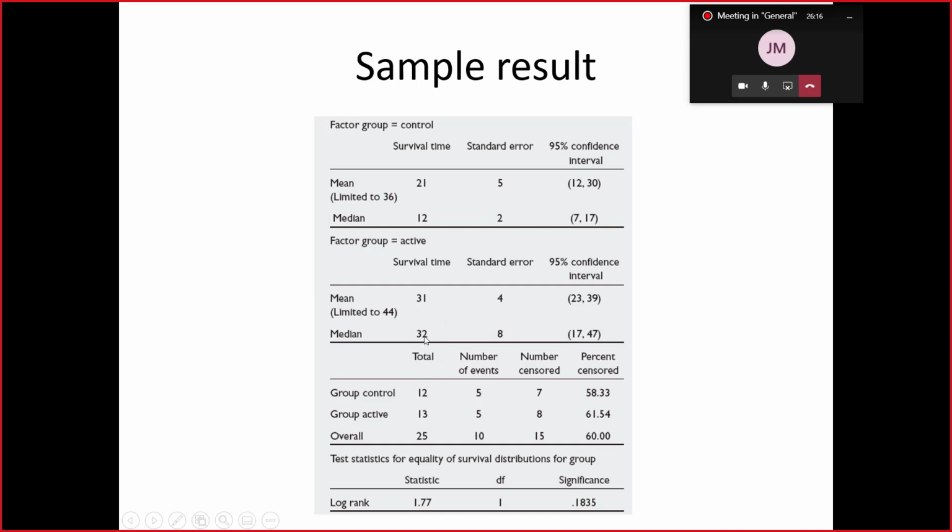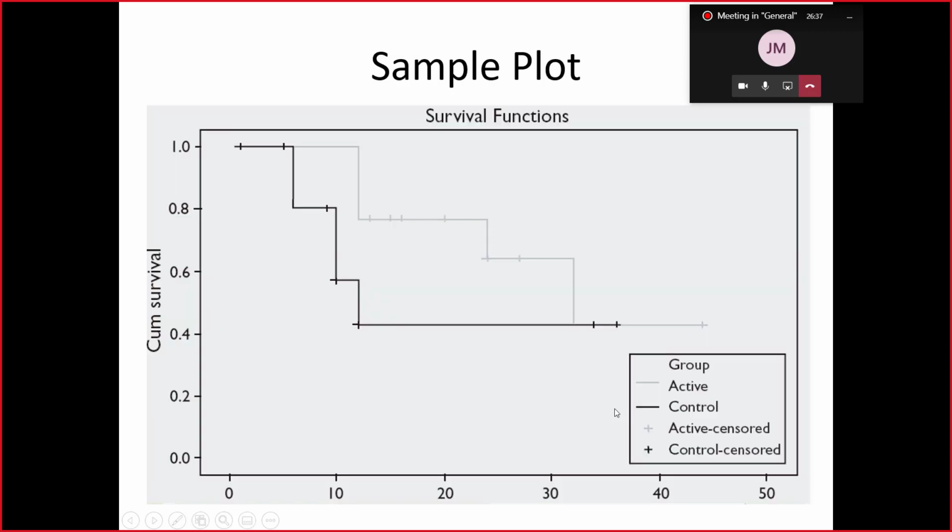Not the median that we got from the survival curve. Okay, so, and we have control group 12, active group 13. Both got equal number of people who died, 5 and 5. Okay, so you can see here, looking at the curve.